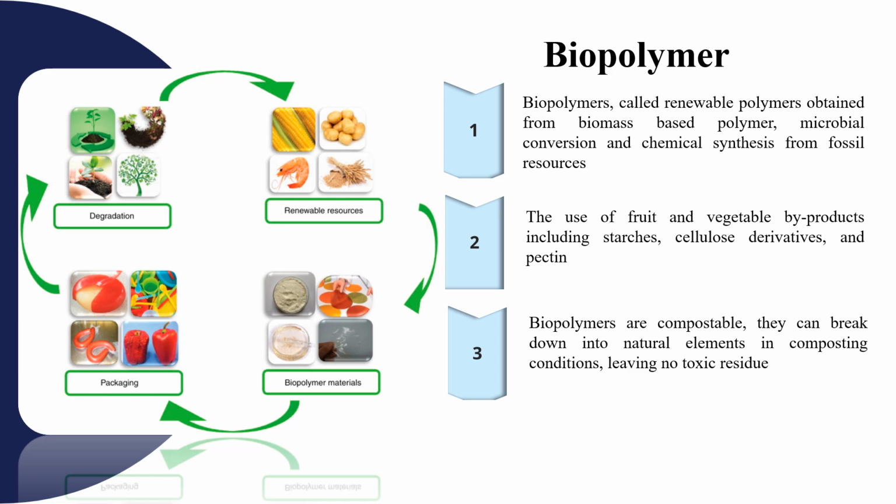The biopolymers are called renewable polymers obtained from biomass based polymer, microbial conversion, and chemical synthesis from fossil resources. The biopolymers are increasingly used in the food packaging due to their environmental benefit and their functionality. The use of fruit and vegetable byproducts, including the starches, cellulose derivatives, and the pectin.